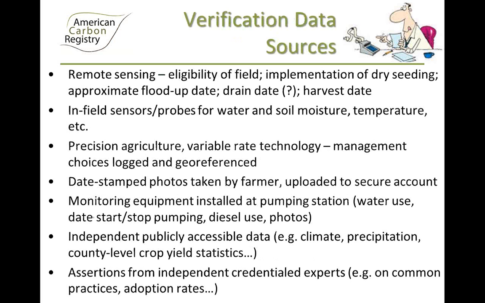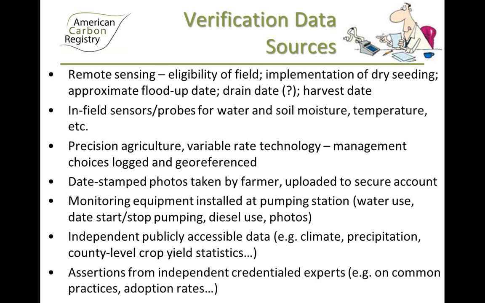So some of those sources that we have identified in the methodology, for some things that need to be verified, it might be much more effective to use remote sensing or other methods to assess that. So things like the eligibility of the field, the implementation of dry seeding. For example, did the green signal from vegetation appear before the water signal, verifying from remote sensing that dry seeding indeed occurred.